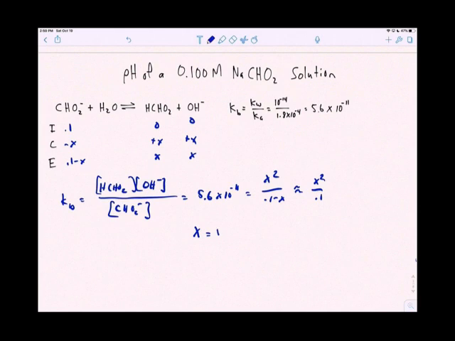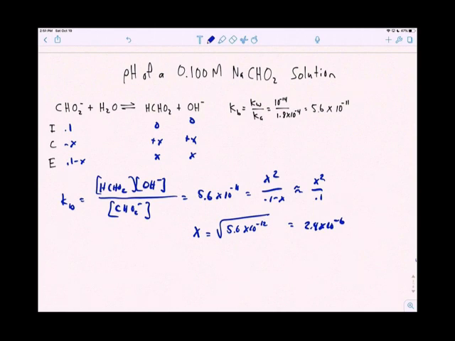X equals the square root of 5.6 times 10 to the minus 12. So that's going to be 2 to 3 point something times 10 to the minus 6. And so this is equal to 2.4 times 10 to the minus 6.